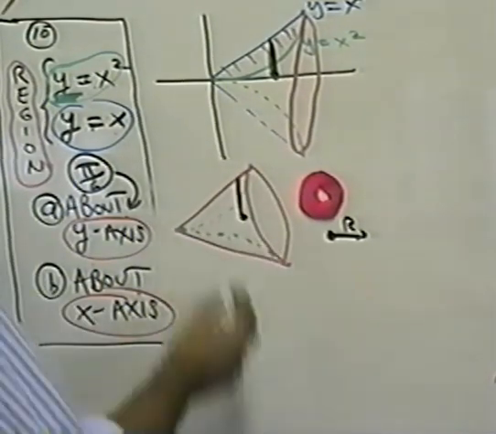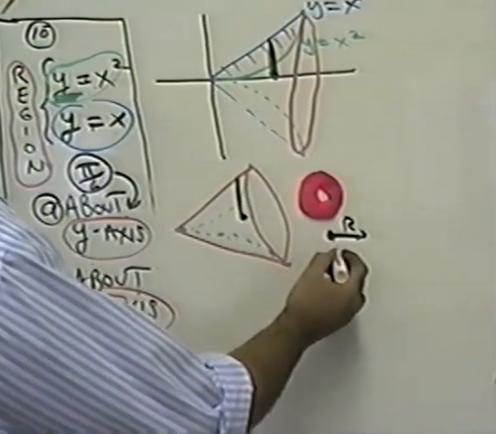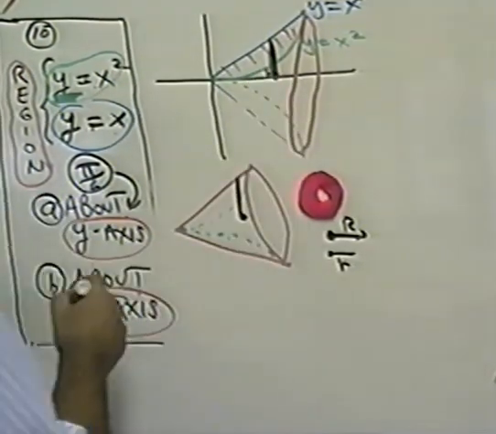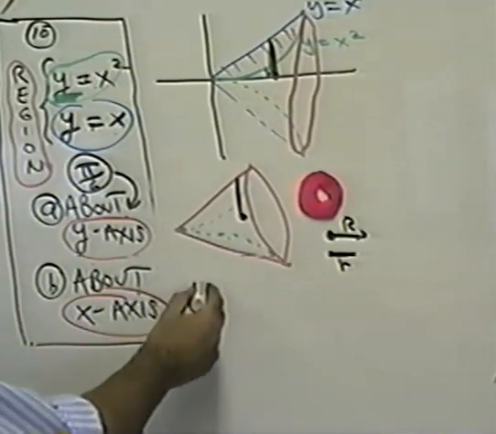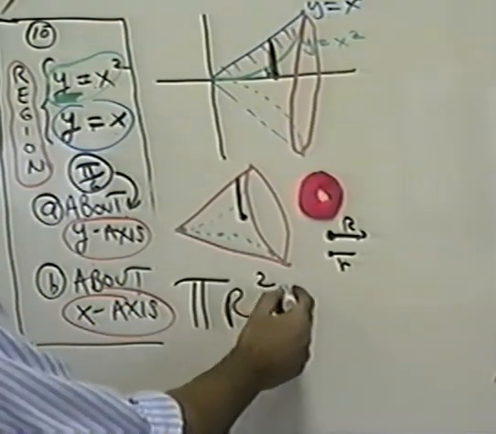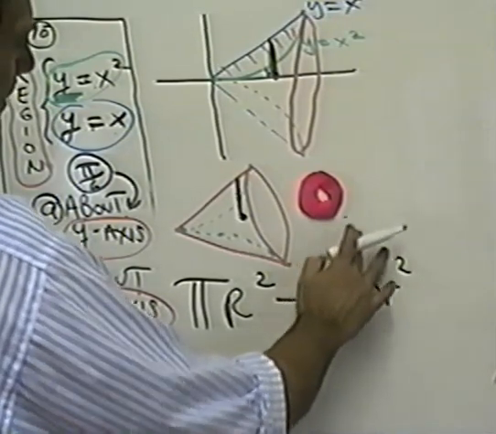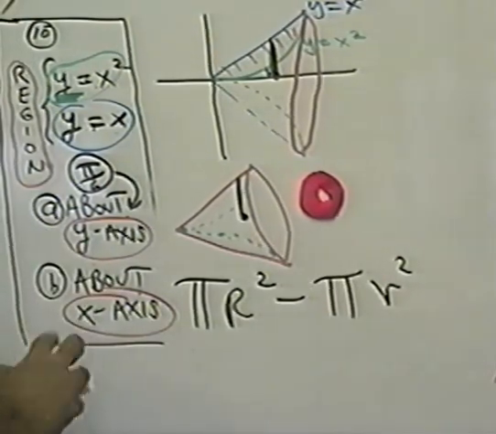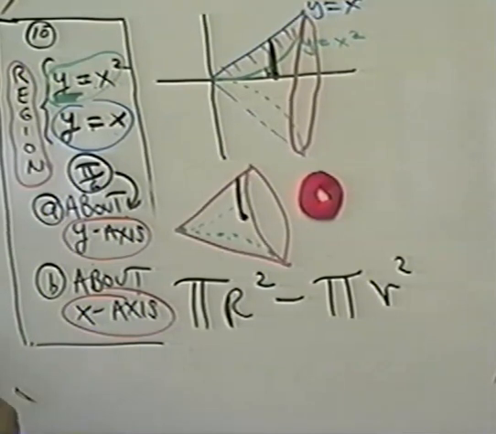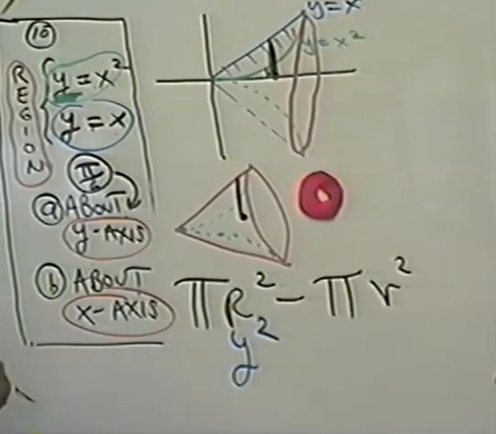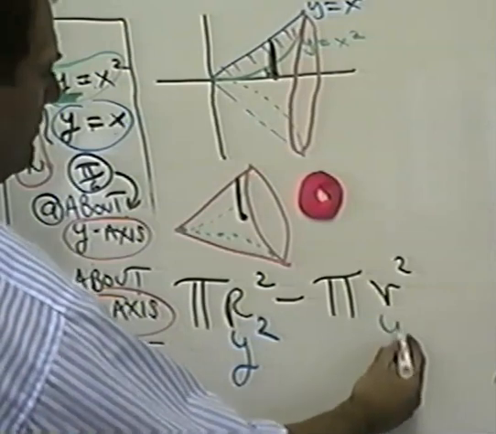The inner radius goes from the x-axis up to the green curve. So now we've got pi big R squared again minus pi little r squared, where big R in this problem is a blue y value. And the little r is a green y value.